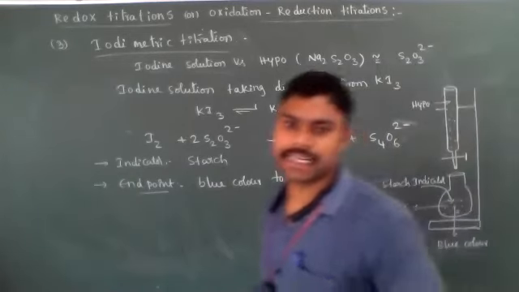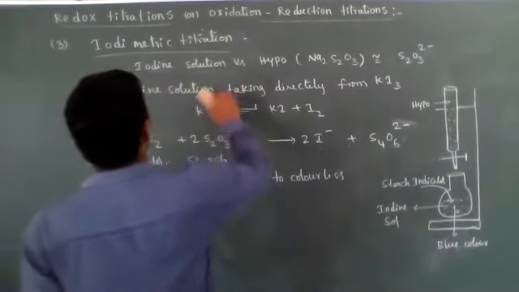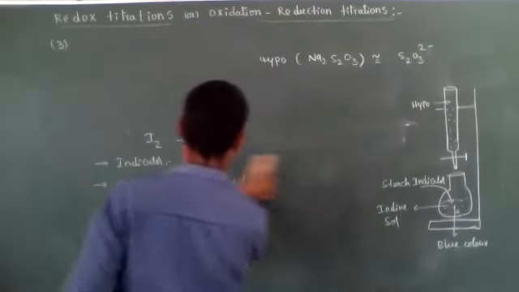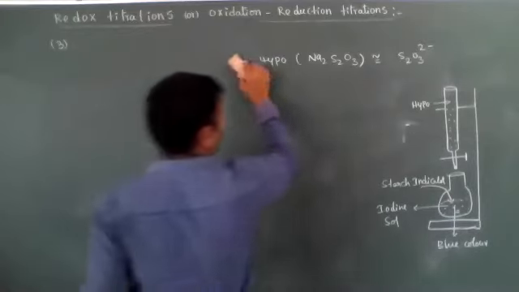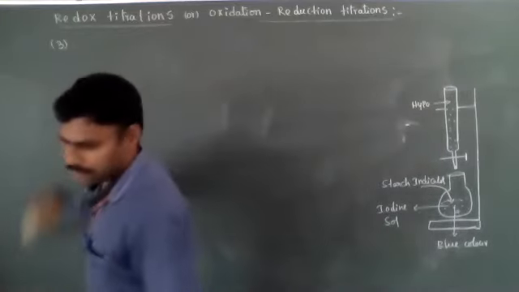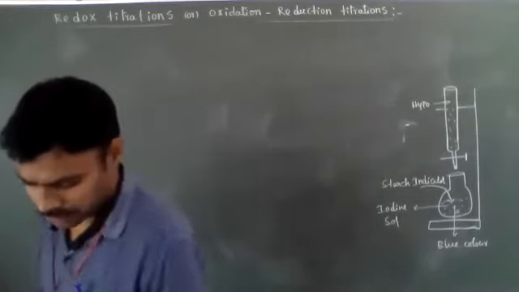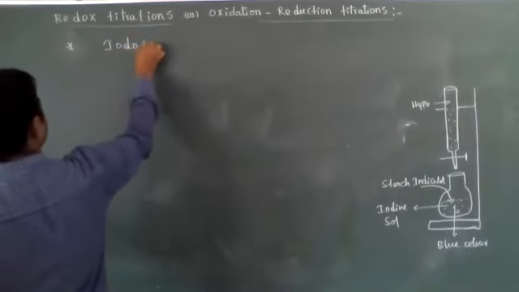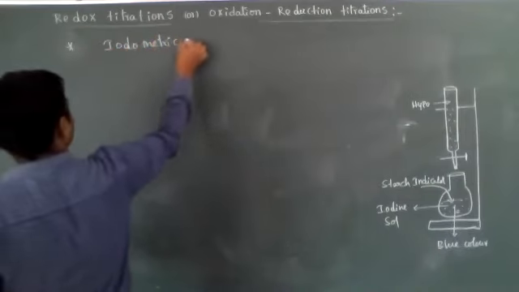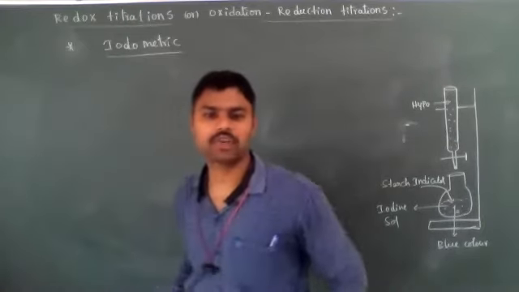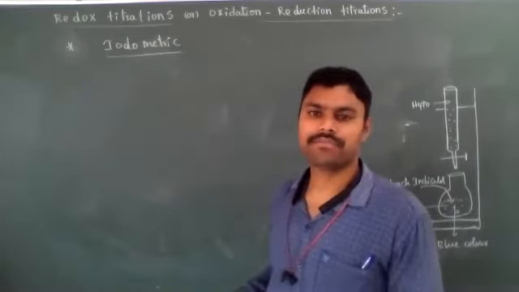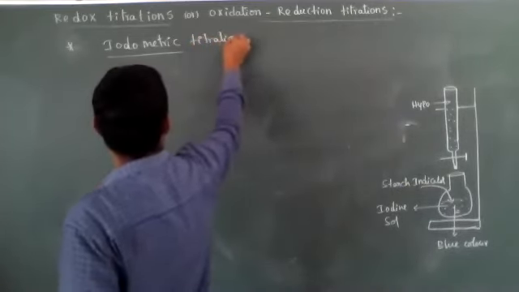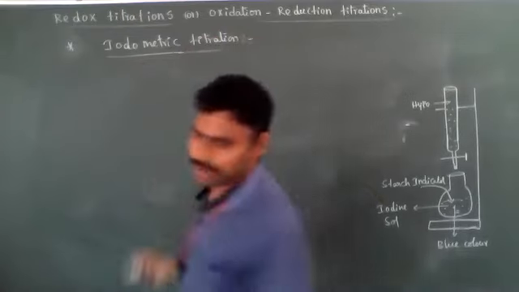Another one is iodometric titration. In iodometric titration, the iodine solution is formed indirectly from a chemical reaction.